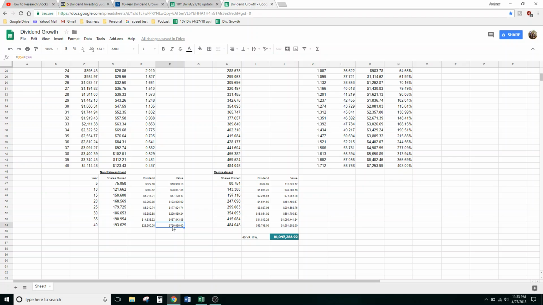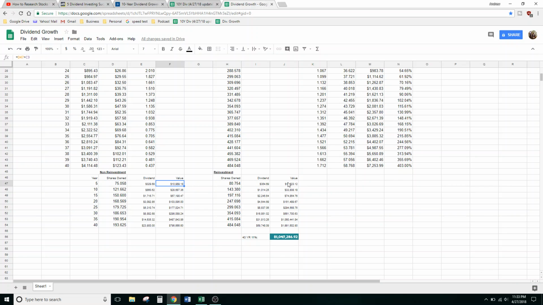Okay. So you're at 800K, but now if you had reinvested, you're at almost 2 million. So more than double, almost triple the amount over 40 years if you reinvested. And you can see, again, it takes time. After 5 years, the reinvestment guy has 5 more shares.